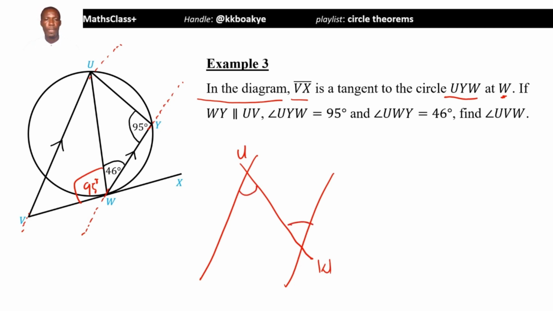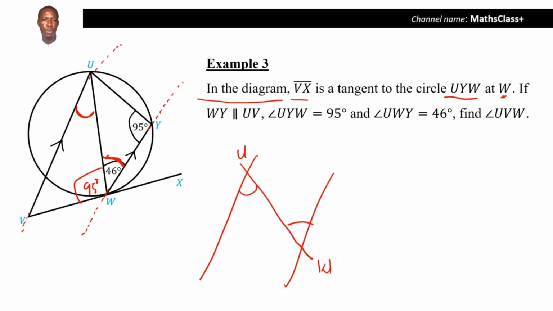So our angle VUW, this angle, is equal to angle UWY, this angle. And so this angle VUW is 46 degrees. I hope you agree with me. So here 46 degrees.